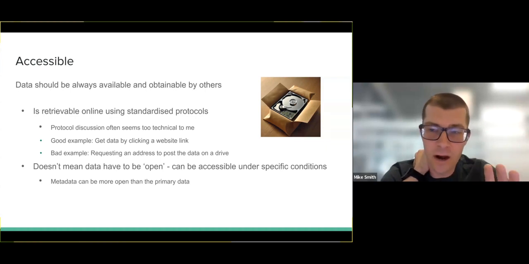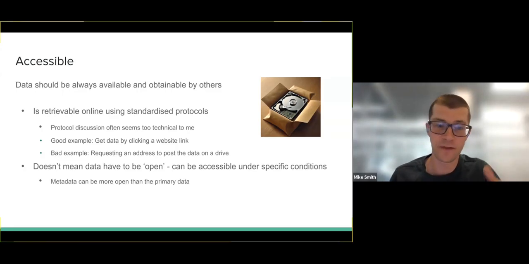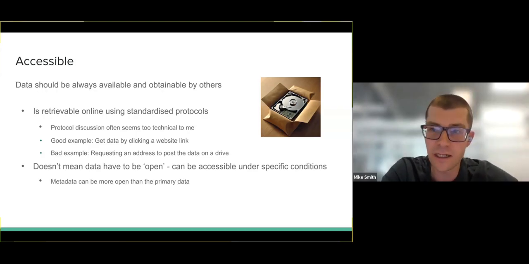What we would encourage in this situation is that you still put your data in a repository that supports this process, and that you have the metadata, things that describe what your data are. That should still be open and easily findable by people, but then they have to go through the process of being approved to actually access things. So there is a slight difference between open and accessible in how we consider access to data.